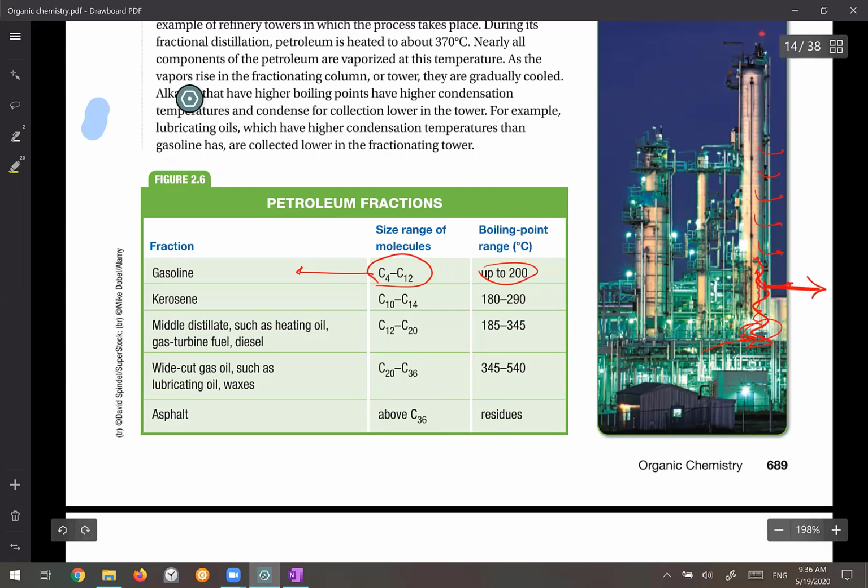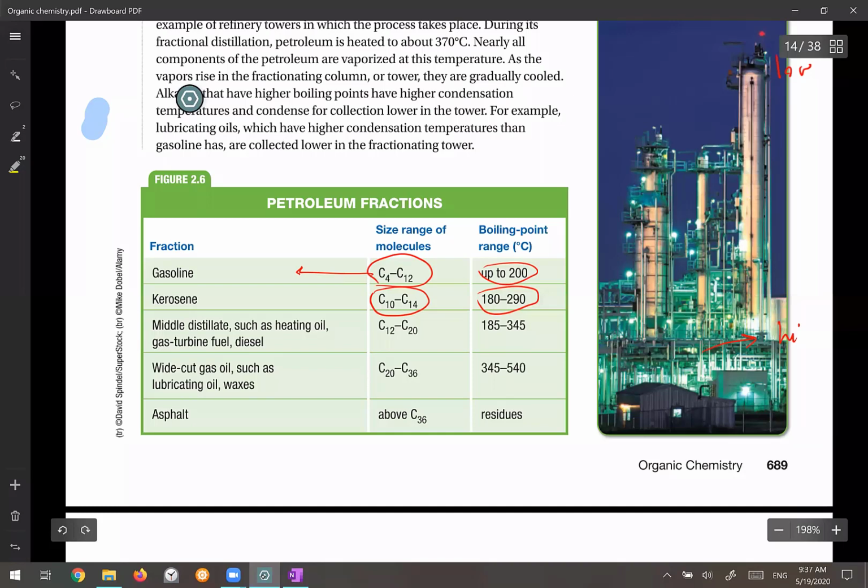For the next range of molecules, from carbon 10 to carbon 14, the boiling point is 180 to 290. So they come out at the lower part, because the temperature is low at the top and high at the bottom.